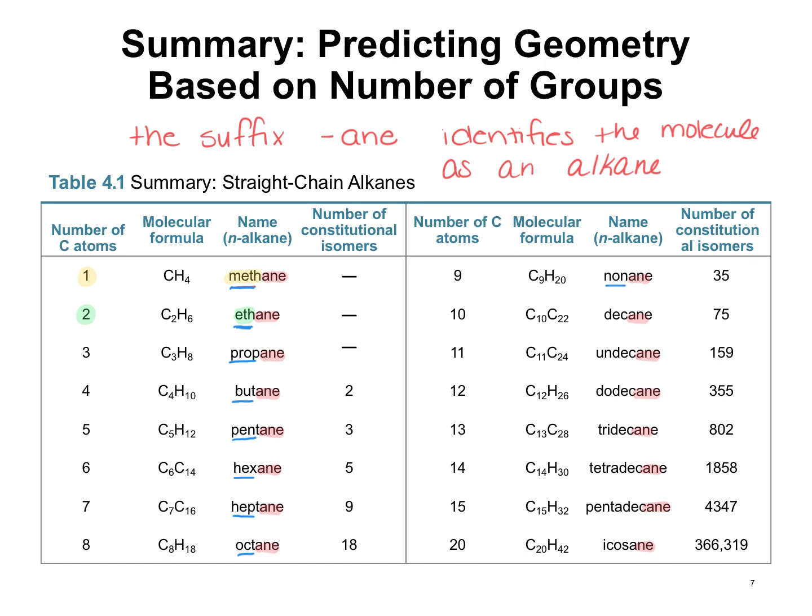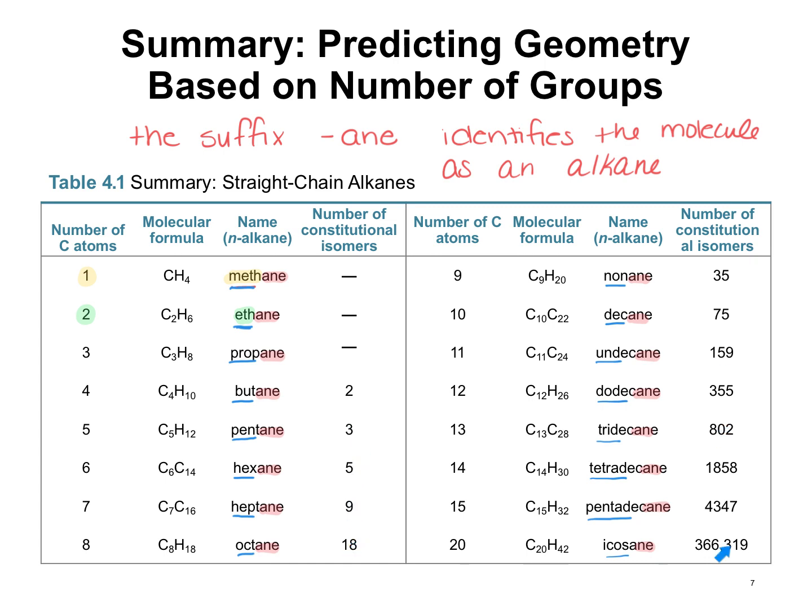Non means 9. Dec is 10. And then past 10, we start putting prefixes on the dec. So 11 is undec, and then we have dodec, and then tridec, and then tetradec, and then pentadec. And then when you get to 20, it's icos right there.